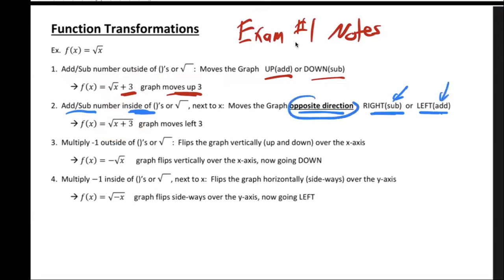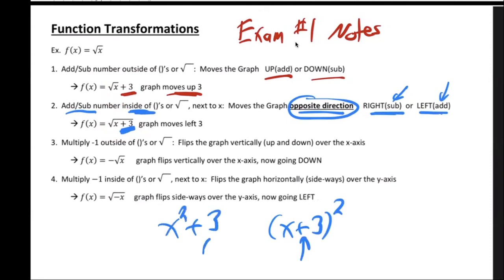It's opposite. And so in other words, when it's inside the square root or parentheses, if you have a function like (x + 3) squared, see how that's inside the parentheses, versus x squared + 3, that's outside. So you can be inside or outside the parentheses. Same thing for a square root.